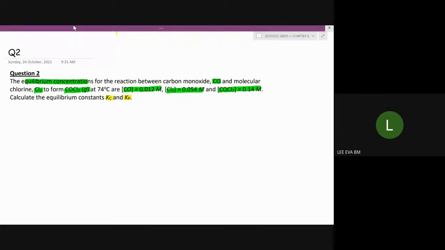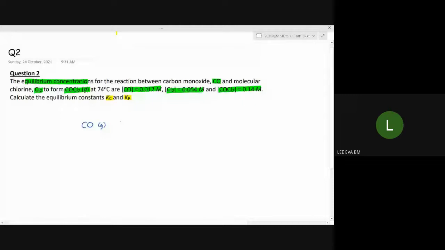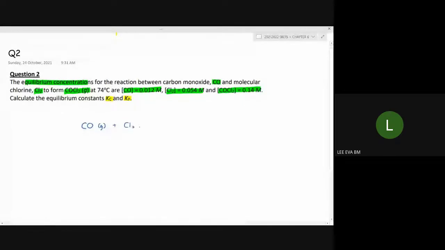So how is it? To get your Kc expression, what is the first step that you need to do? Buat equation. Equation. So you have your carbon monoxide, which is a gas, and then we have the chlorine, also gas.